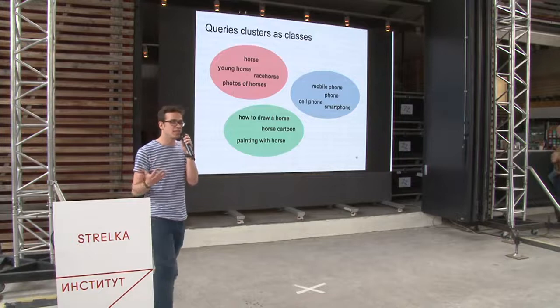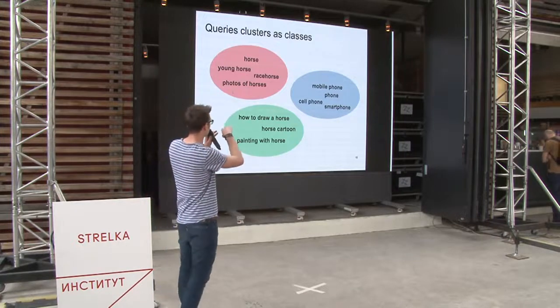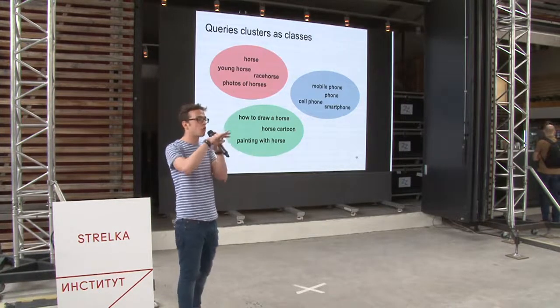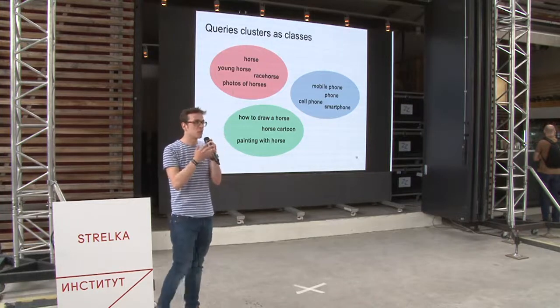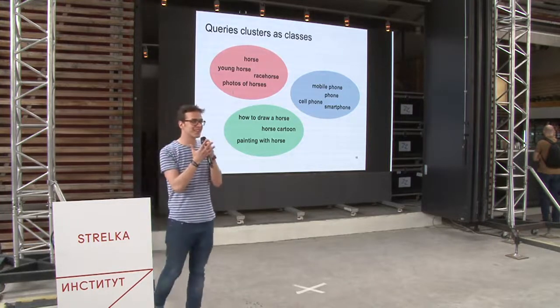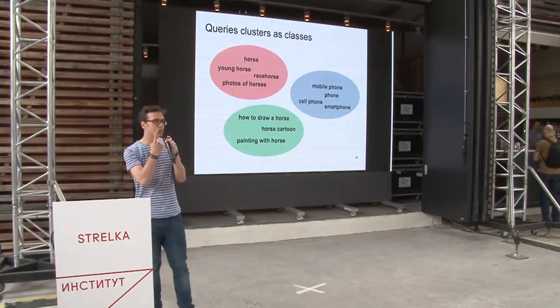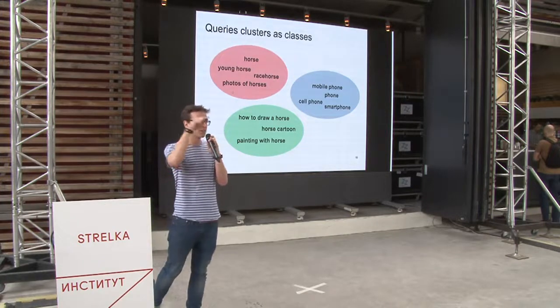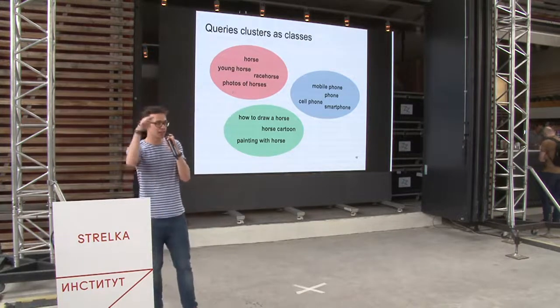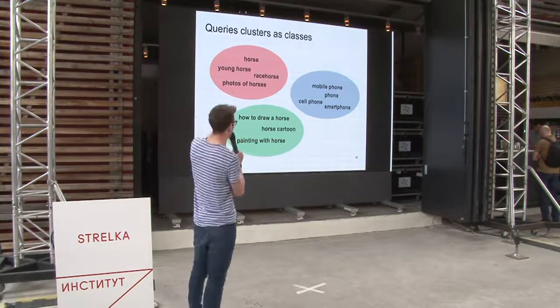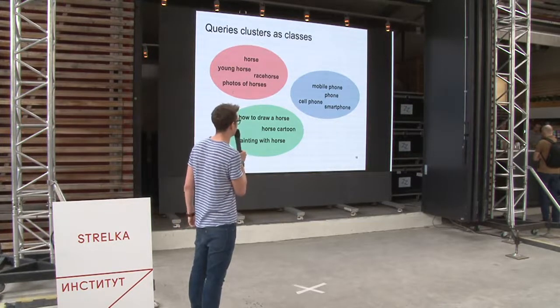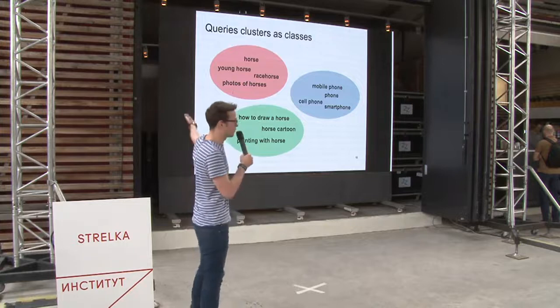We just need a set of texts that somehow represent the concepts. So we don't need to merge this set of texts into one word. We just need to have a representative text from the cluster. And this is how we actually found this set of concepts.